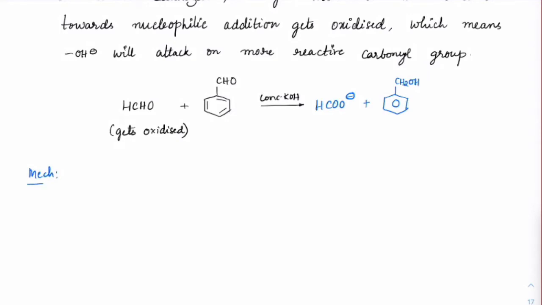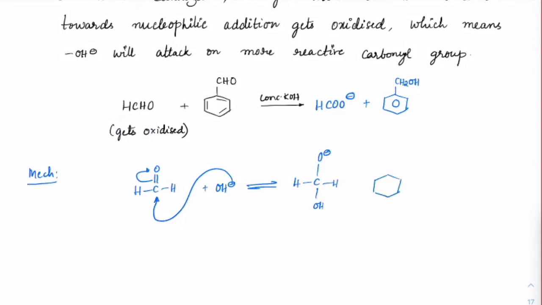What happens? First we have HC=O plus OH minus attacking here. We will get this as HCO minus OH and H, which is ready to react with benzaldehyde, CH=O, and as the bond closes here, a hydride shift will take place.